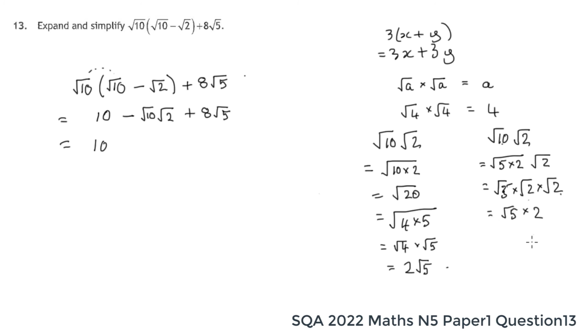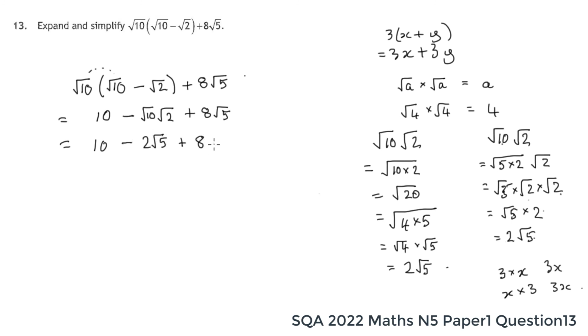It's just the number 2. Well, root 5 times 2, that's normally written as 2 root 5, in the same way that, say, 3 times x is written as 3x, or x times 3 is also written as 3x. So root 5 times 2, 2 root 5, either way.